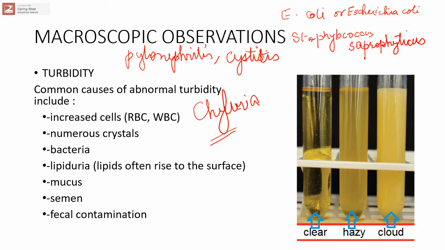The other reasons that you can see turbidity in the urine are listed over here: crystals, casts, and bacterial infection. Lipiduria is the presence of lipids, which is sometimes caused by chyluria as well. The presence of mucus, semen, and fecal contamination can also cause cloudiness of the urine.